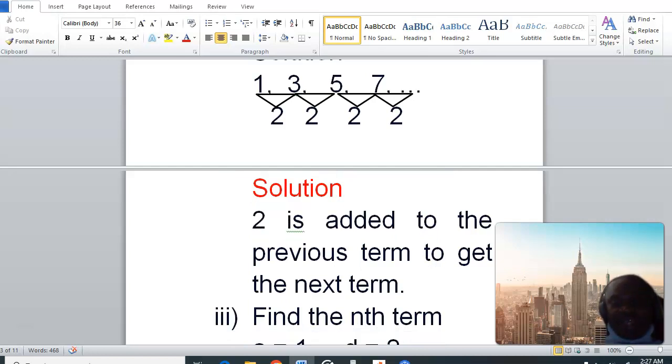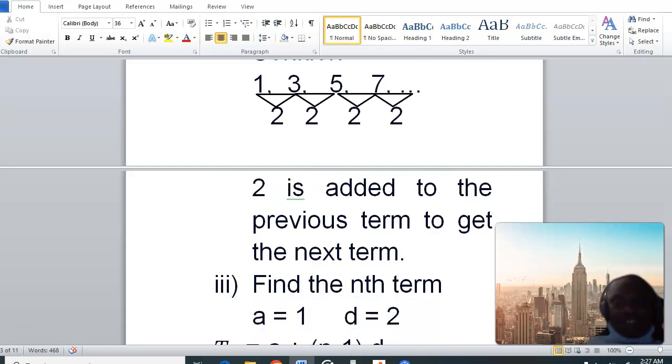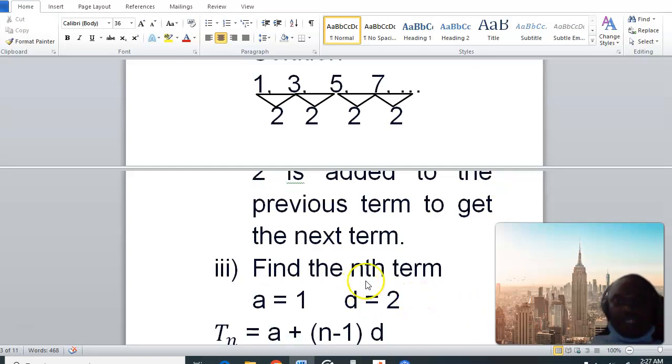It says find the nth term, and the nth term is the same as finding the general formula for the pattern. Sometimes they can say find the kth term, the mth term, the pth term. All of them are the same. What formula can generate a pattern?